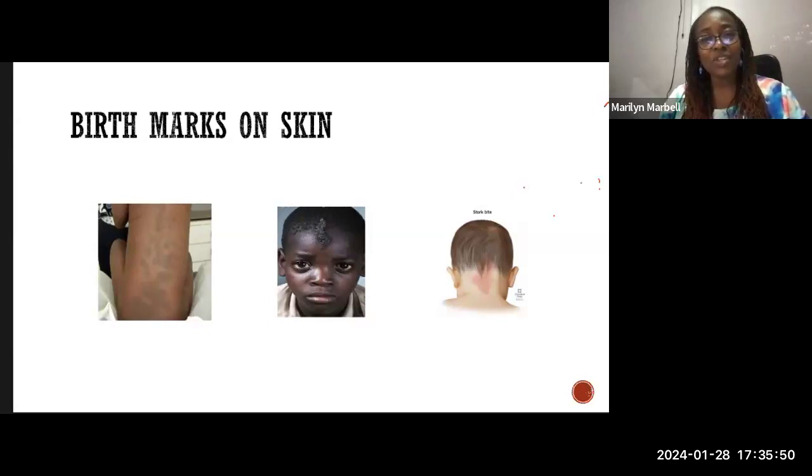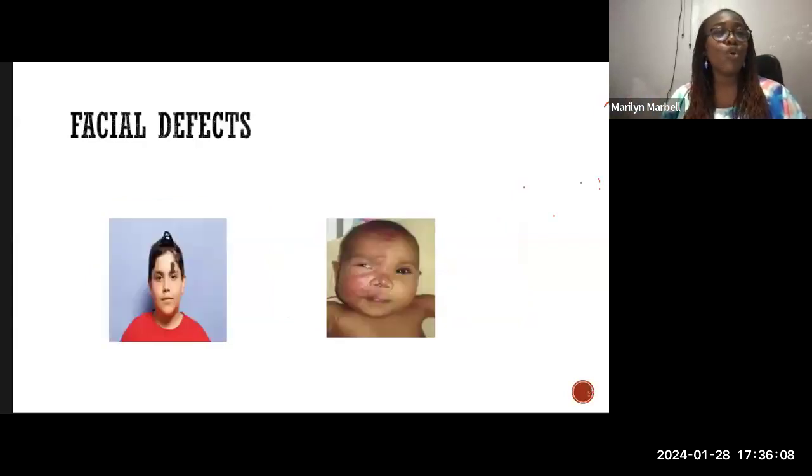The last picture is what we call the stork bites. You usually see it at the back of the neck of some babies. It's just because the small blood vessels there are wider, so there's more blood there. These are very simple defects that do not cause anything.